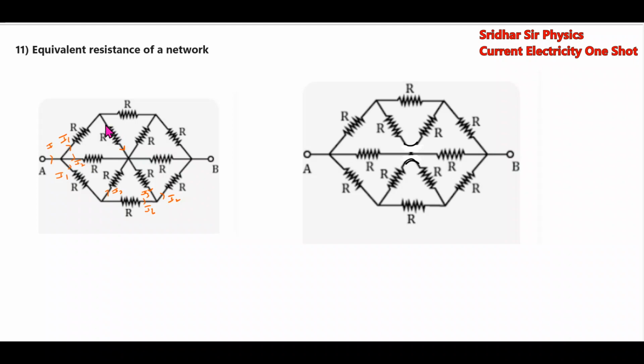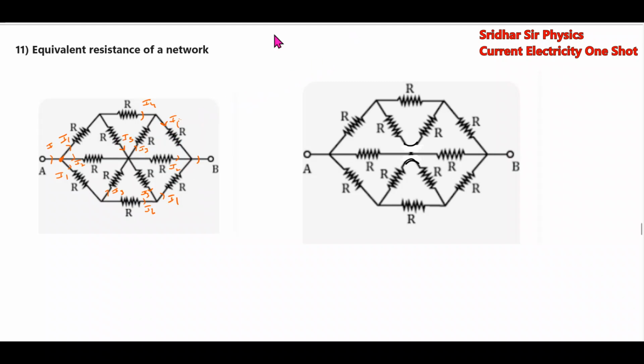Similarly, the current here will be I3, I4, I2, and this will be I1, and this will be I1. So how much current enters? I1, I2, I1.